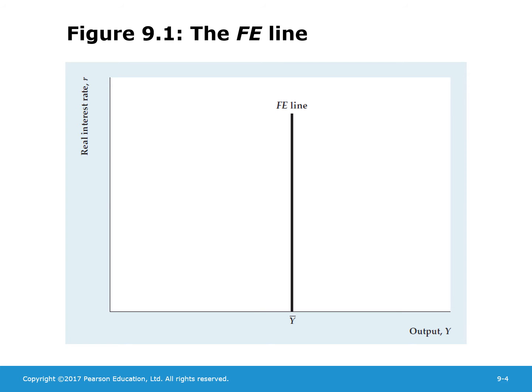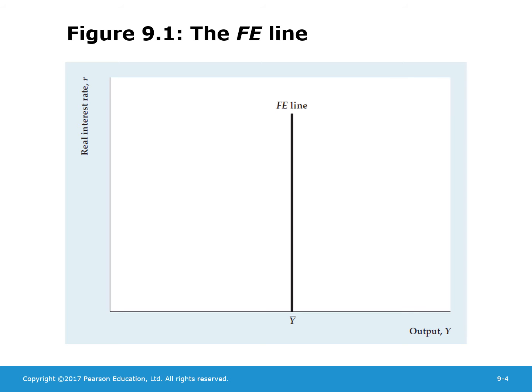So here is the figure for the FE line. Again, we are plotting output against real interest rate. Real interest rate is on the vertical axis, output is on the horizontal axis. The equilibrium in the labor market is represented by the FE line. So the FE line is a vertical line constant at Y bar, because Y bar is not affected by the real interest rate.